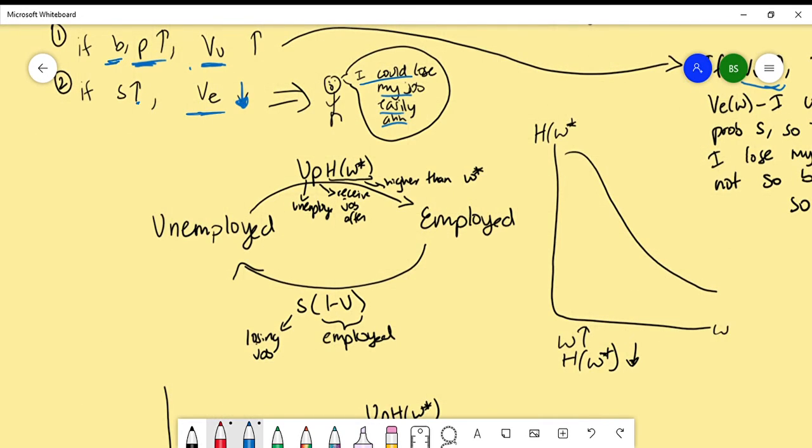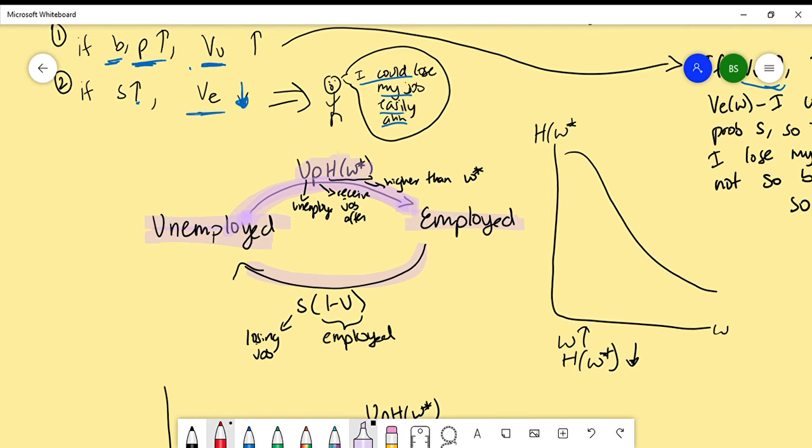Okay, so here's the cycle I was talking about. When you're unemployed, you get to being employed, and if you're employed, then you get to being unemployed. So now the process of being unemployed to employed, the formula for that is UPHW.